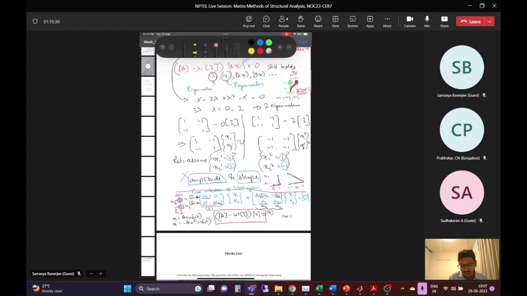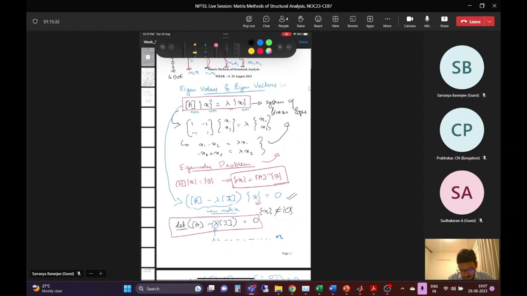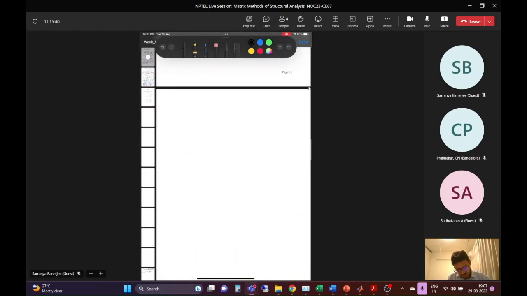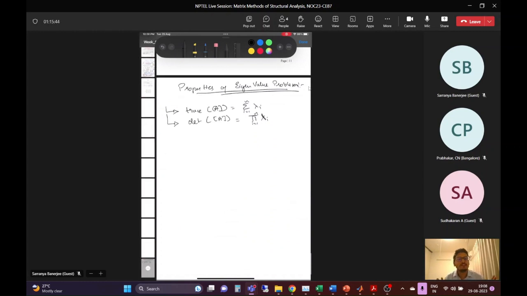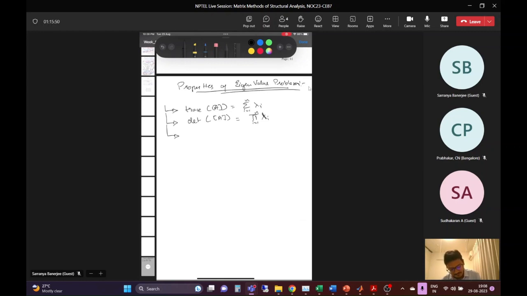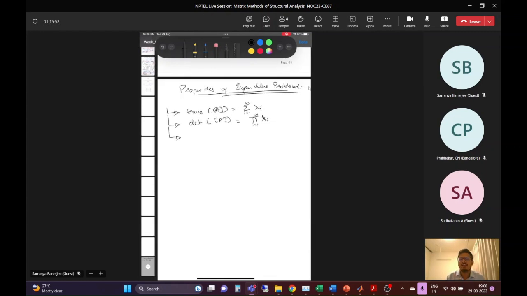What is the determinant of this matrix A? 1 minus minus 1, determinant is 0. The determinant of this matrix A is 0. That is the reason one of the eigenvalues is 0. Like, without even solving the eigenvalue problem, we could have mentioned that one of the eigenvalues would be 0. So when the first eigenvalue came out to be 0, I was not surprised, because I knew that the determinant is 0. Fine.